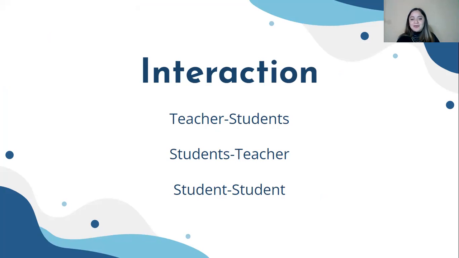They feel free to come up to you, the teacher, and ask you questions or communicate with you. And also, a lot of student and student interaction happens. This is very important because they are practicing conversations, so they need their partner to practice. So this is very important, student and student interaction.